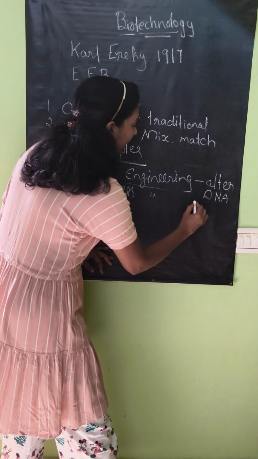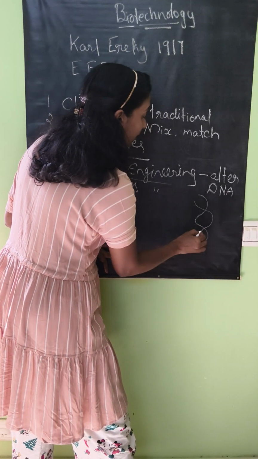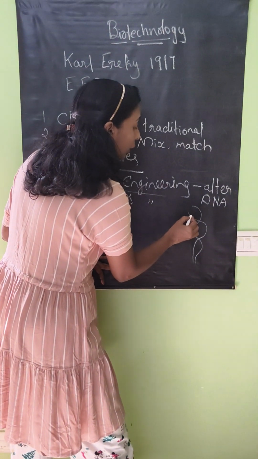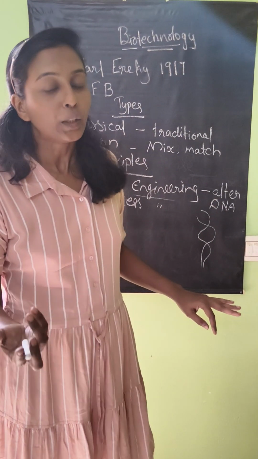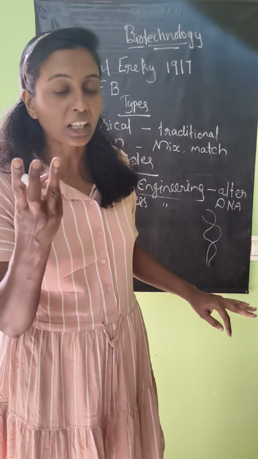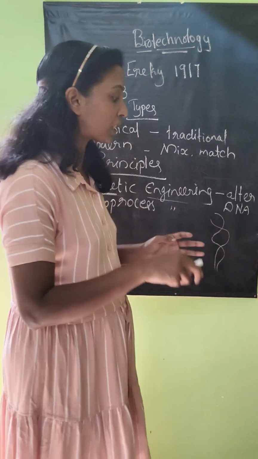As we know, DNA is a double helical structure made up of polynucleotides. A nucleotide contains three components: a phosphate group, a pentose sugar and a nitrogenous base.